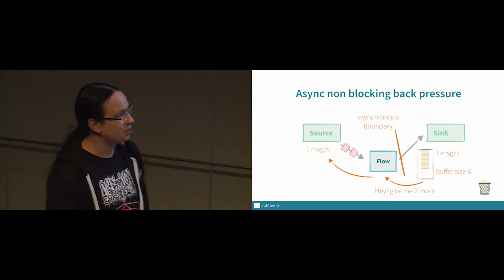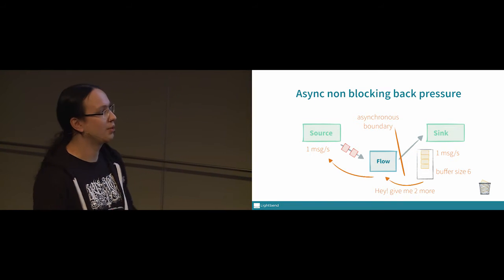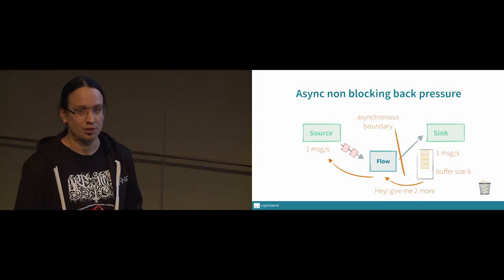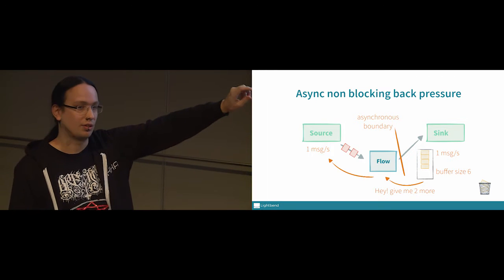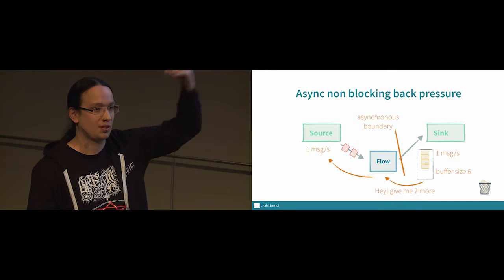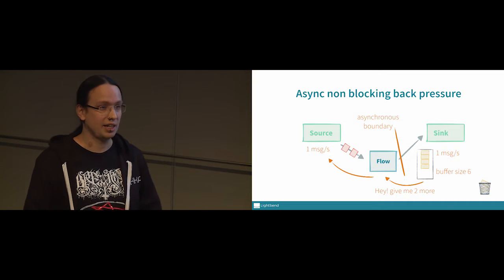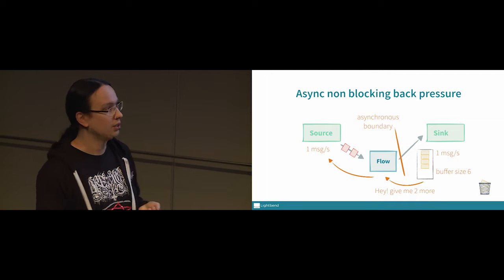So instead, the really cool thing about Reactive Streams is that we have a back pressure channel, which is also asynchronous. So from the far end of the stream, there is some way of communicating across the boundary, saying, hey, I can process 2 elements because I have space for 2 elements in my buffer.